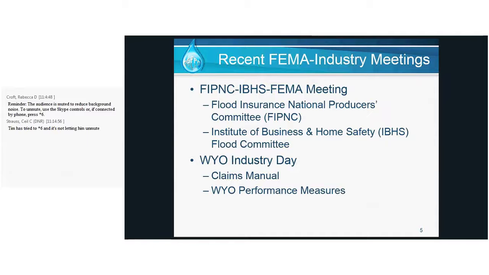The challenge you have is they want to somehow include private policies, but they haven't figured out how to track those yet. They're focusing on customer-centric changes to the program, so it's more flexible. They want to make it much more flexible. And finally, they want a sound financial program.